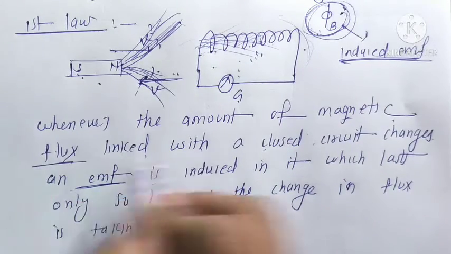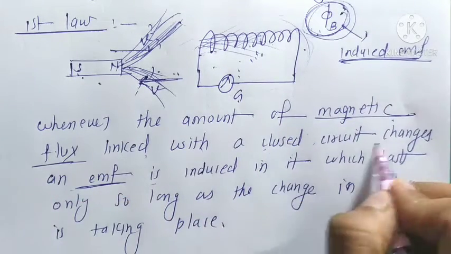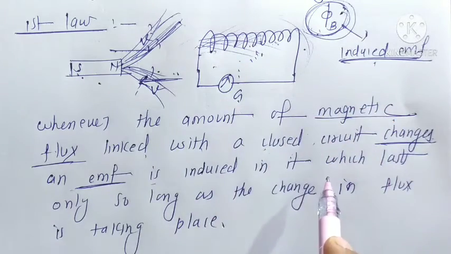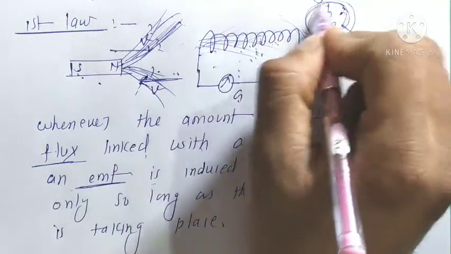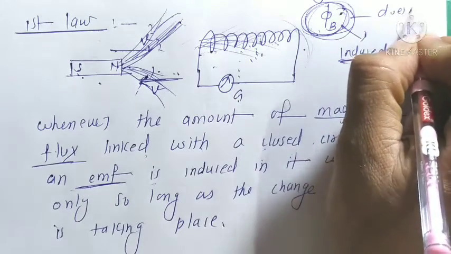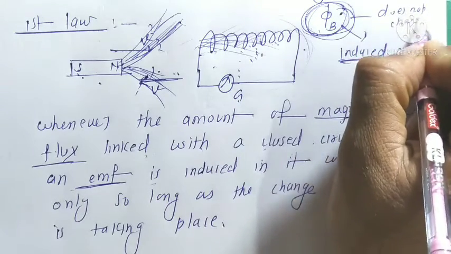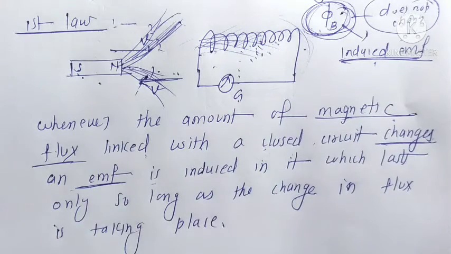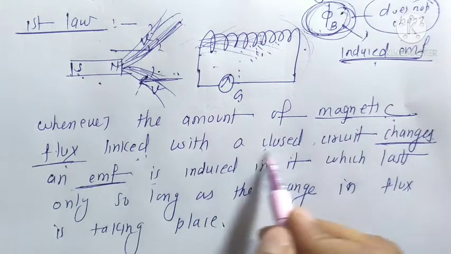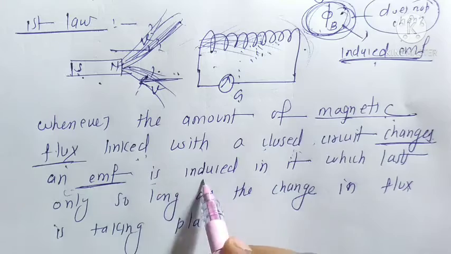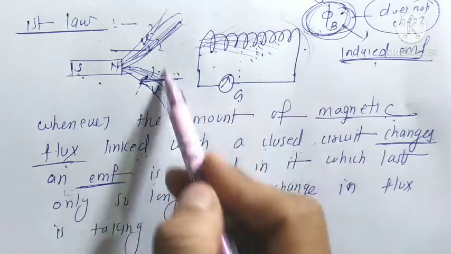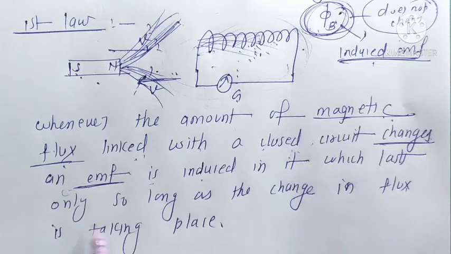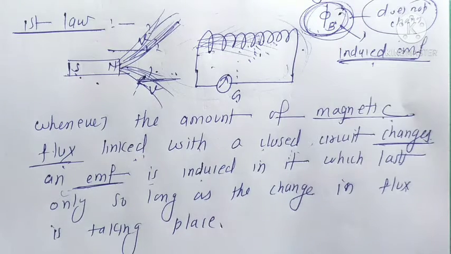When the magnetic flux changes, induced EMF is produced inside this coil. If the magnetic flux does not change, then no induced EMF is produced inside this coil. And now we discuss the second law.